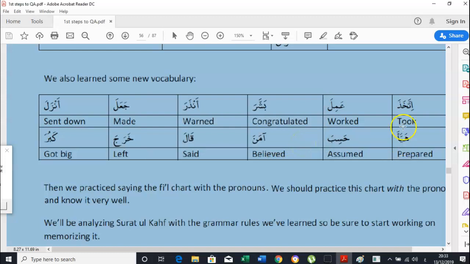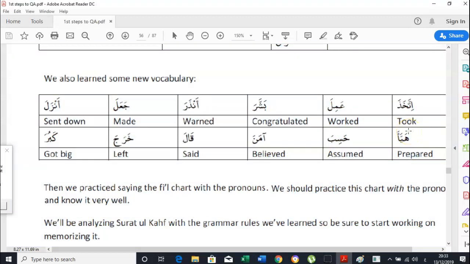Okay, let's do هيأ. They prepared. هيأوا, very good. Those females prepared. هيأنا, very good. You prepared.